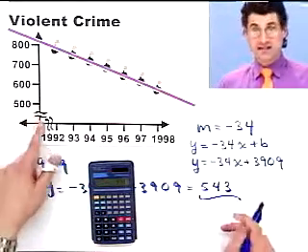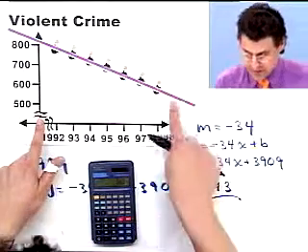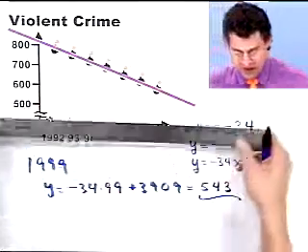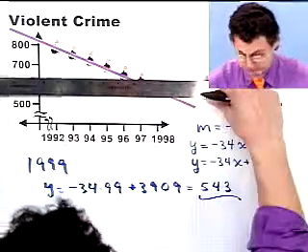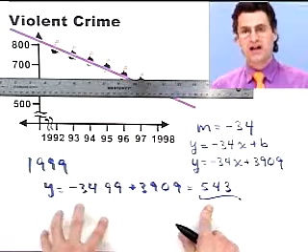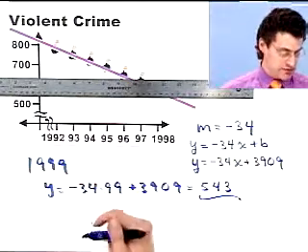Now that actually is consistent with this picture. You can see that it's dropping, and 543 looks roughly right. If you figure 1 more year over would be around here, that's actually not a bad guess at all. So that's a pretty good estimator, and we can use this line to analyze this particular situation, in particular the situation of a violent crime.